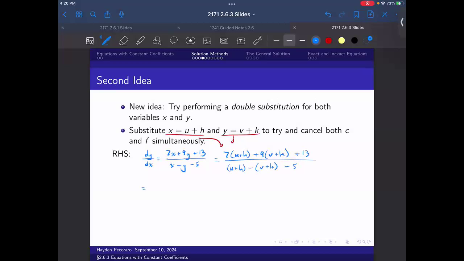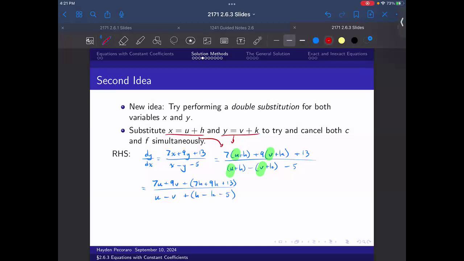Multiply everything out, collect all of the constants. u, v are the variables here, so everything else goes into its own term: 7u plus 9v plus 7h plus 9k plus 13, over u minus v plus h minus k minus 5.